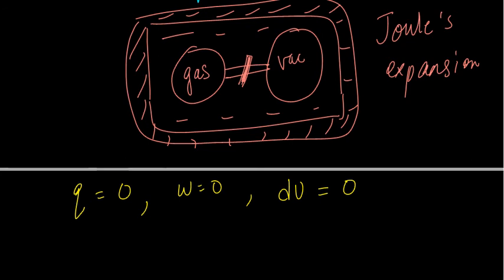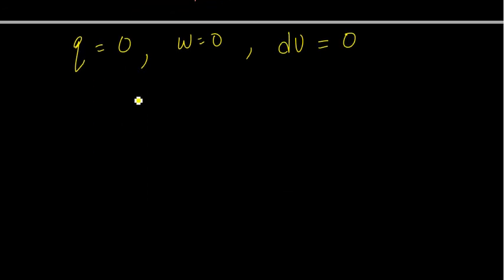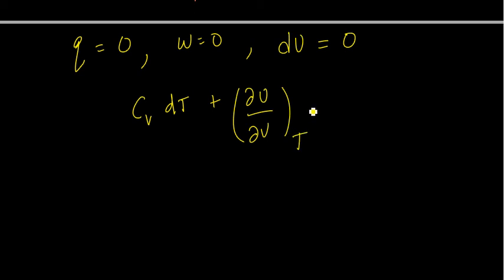Agreed. If that is the case, then CV dT plus (∂U/∂V) at constant T dV is equal to 0, because this is equal to dU. Yes? Great.